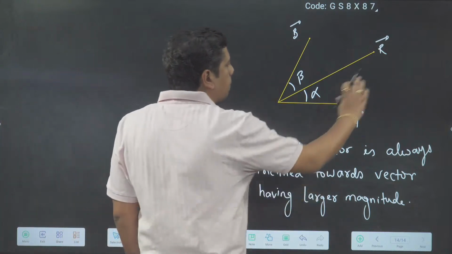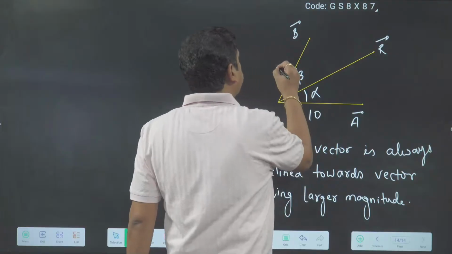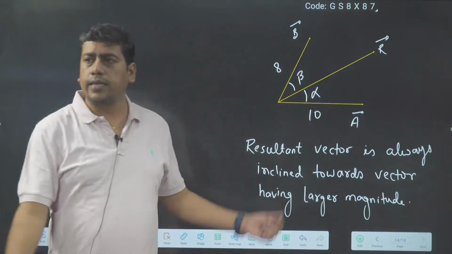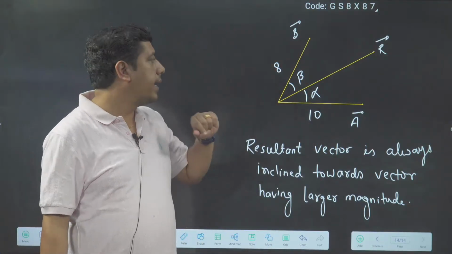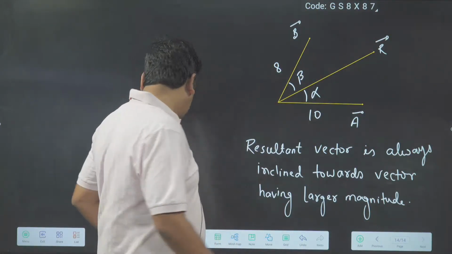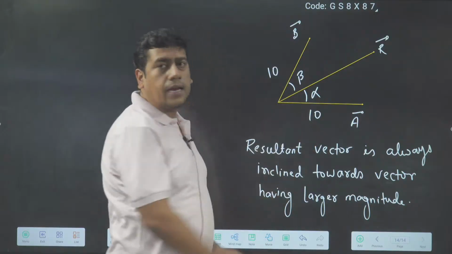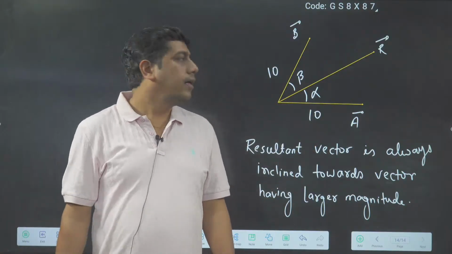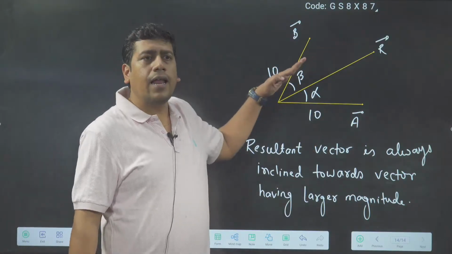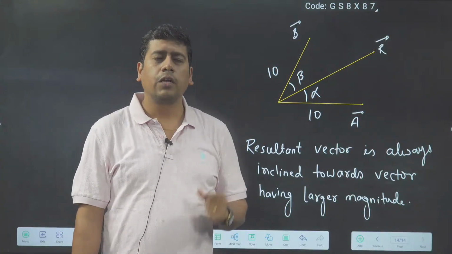It means if, let's say, this is 10 and this is 8. If both are equal, let's start from here. If both are 10, then the resultant will lie just in the middle, meaning alpha will be equal to beta, equal to theta by 2.